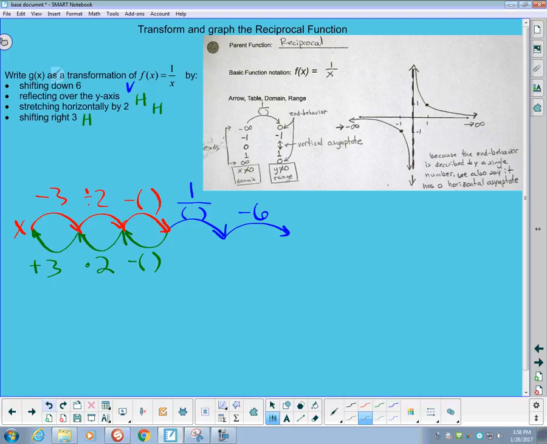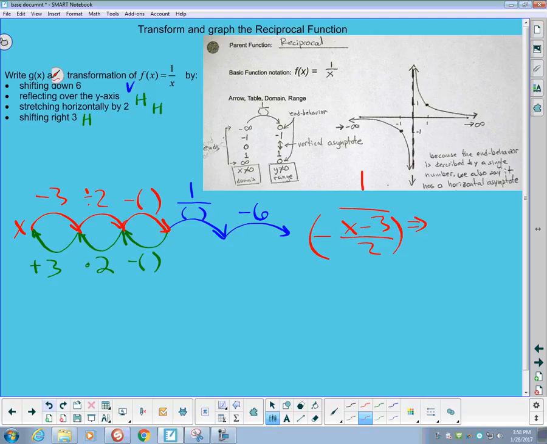We can start then to build the function by putting an x at the beginning. We take the x, subtract 3, divide all of that by 2, change the sign on the whole thing, and then it goes into the reciprocal function. We also will refer to the reciprocal function as the flipping over function.